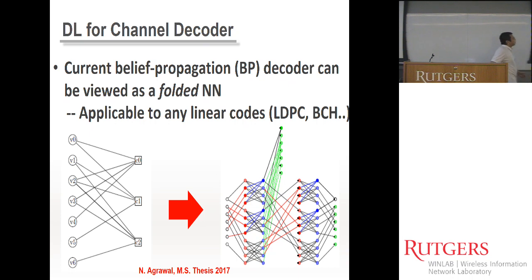And in that case, we can use the classical backpropagation training algorithm to train this network and help improve the performance. Classically, each scaling factor for each edge is exactly the same. But in the framework of the neural network, we can train them so that each one is different.